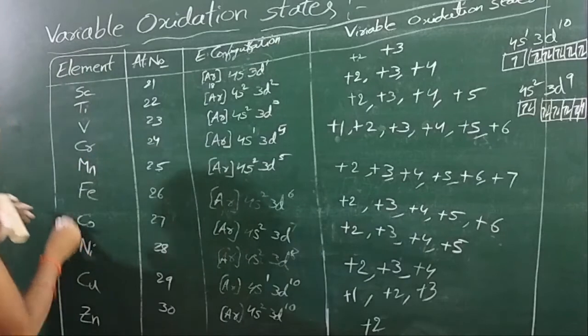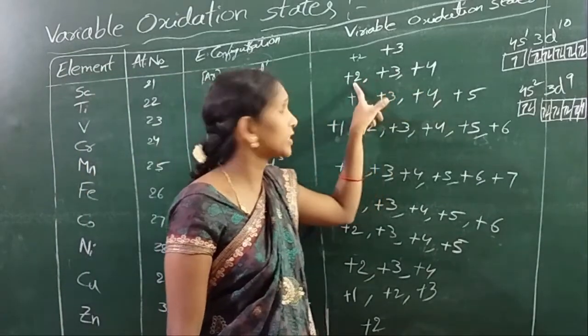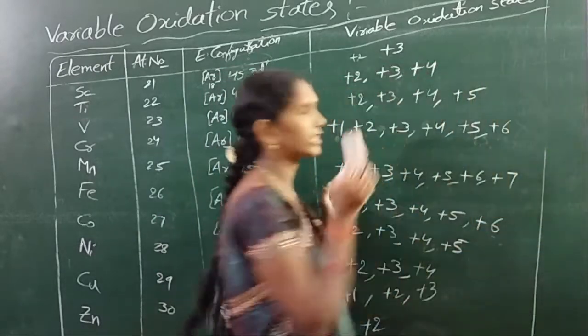Next, in titanium, +2, +3, +4 oxidation states exist.